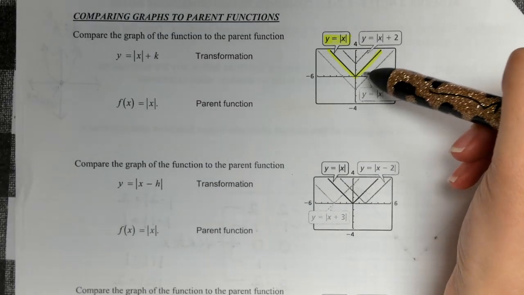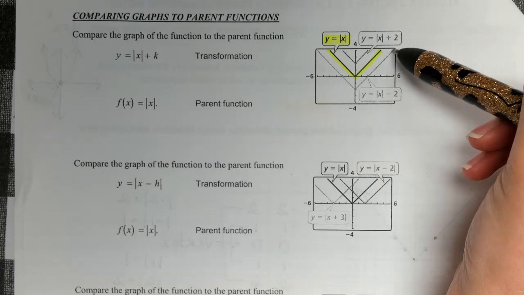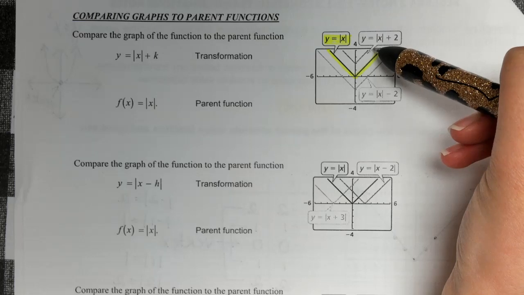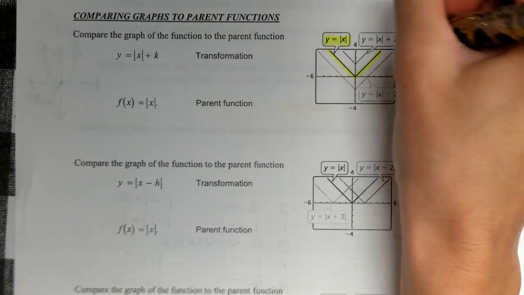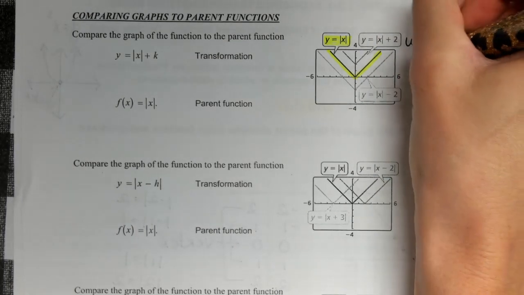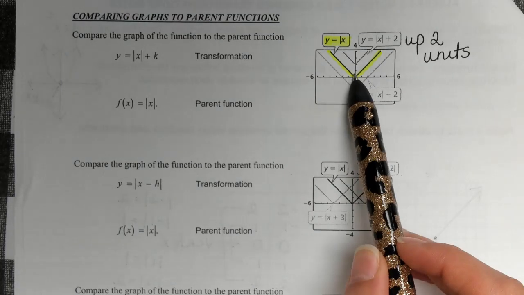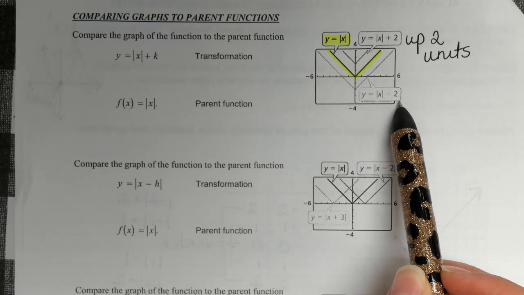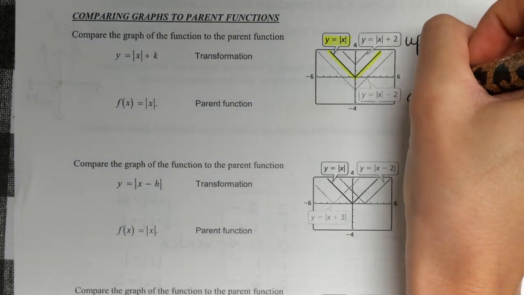And if I compare that to this equation, absolute value of x plus 2, what happened there? From this parent function in the middle to this graph of absolute value of x plus 2, what happened? It went up 2 units. Okay, if I then compare my parent function to the lower function, that's the absolute value of x minus 2. What happened there? It went down 2 units.